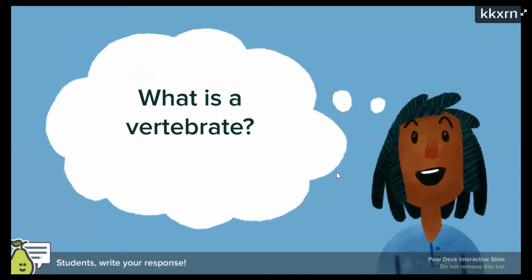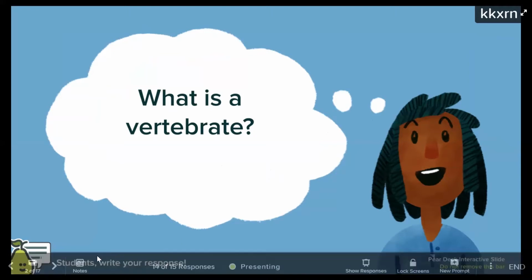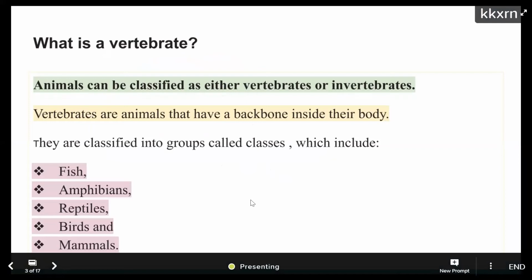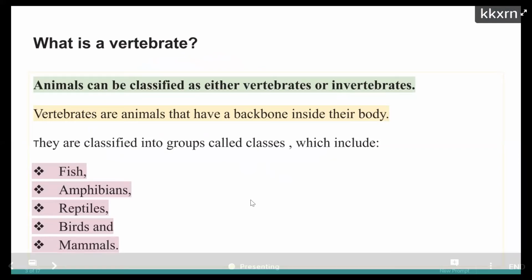As most of you said, vertebrates are those animals having backbones. Let us see. In order to be called a vertebrate, they should have a backbone, or the spinal cord, inside their body.